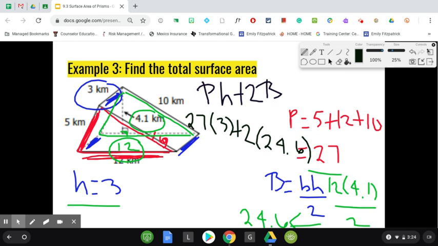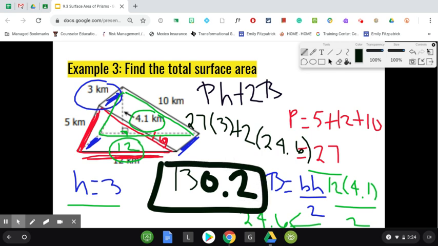Let me do that real quick. 27 times 3 plus 2 times 24.6. 130.2. Hey, maybe the thicker one writes better. All right, 130.2. And that would be the answer.